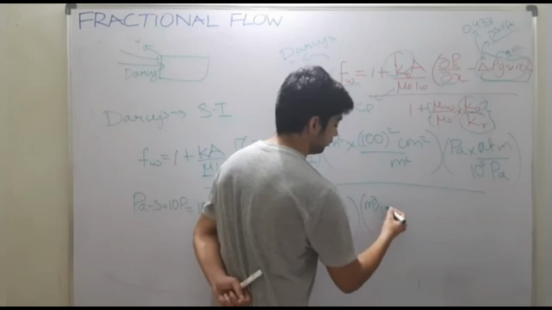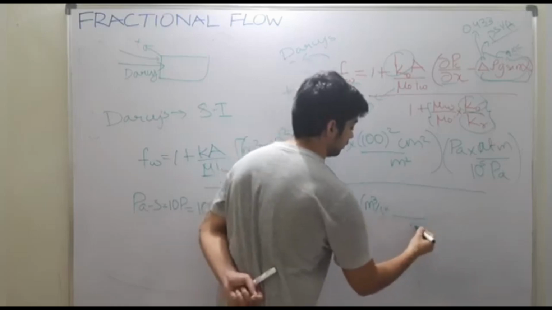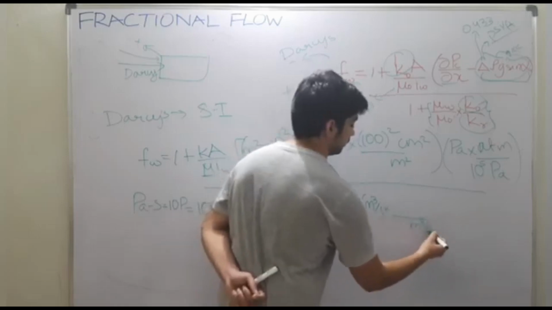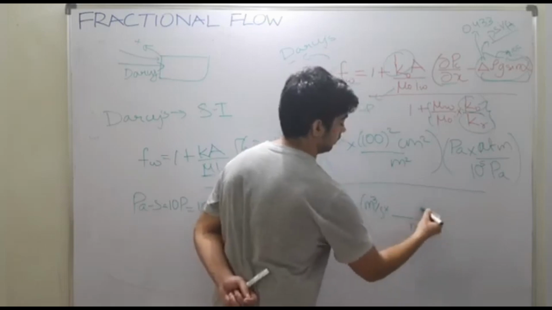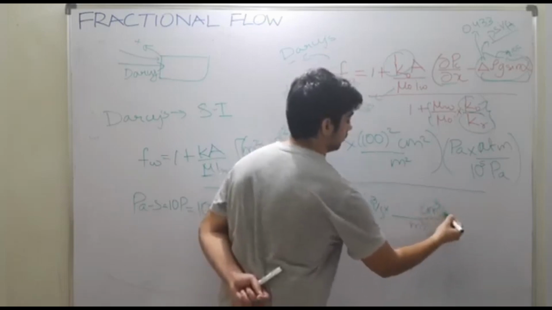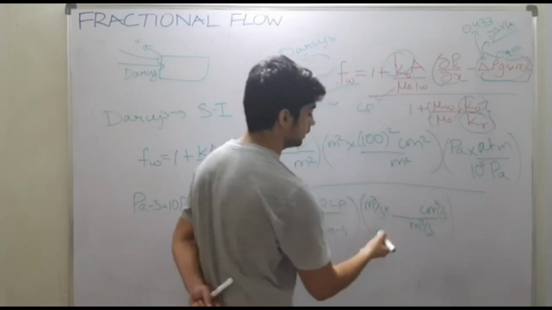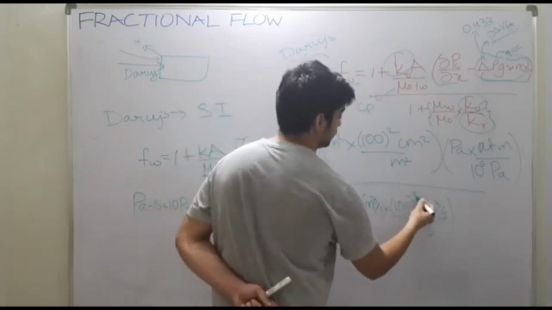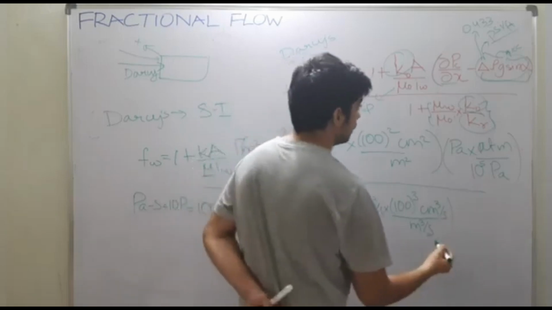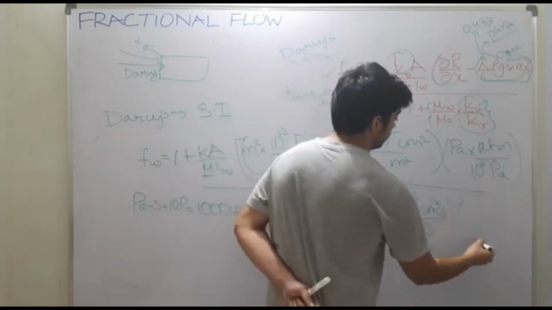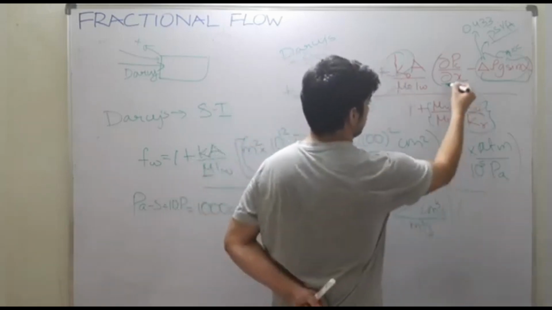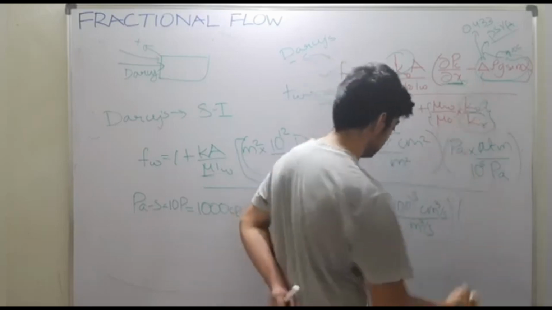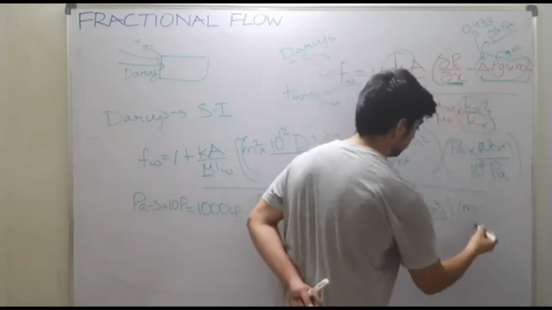So the unit of time will remain the same, per second in both cases, and this will be equal to 100 to the power cube. And if we talk about length, then we will have meter here.